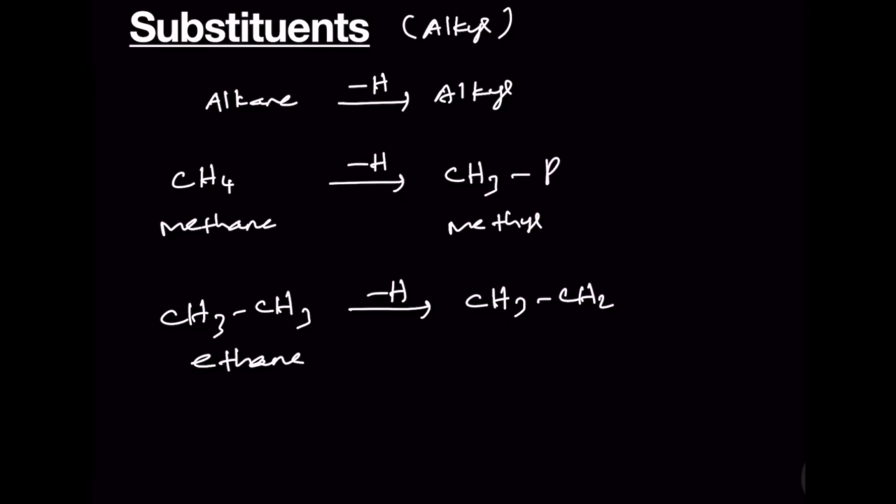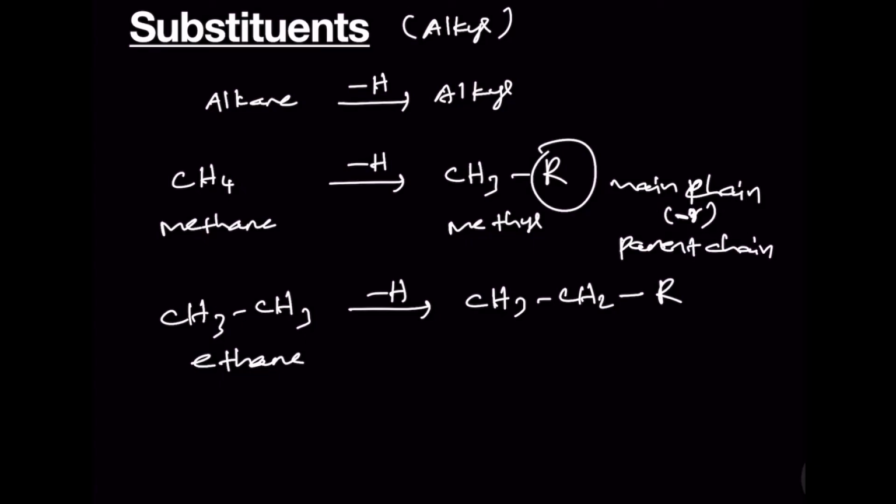This will be attached to the main chain. Let us just assume that R is your main chain or parent chain. And then if you have propane, we can get two different substituents from this based on from where you are removing the hydrogen atom.